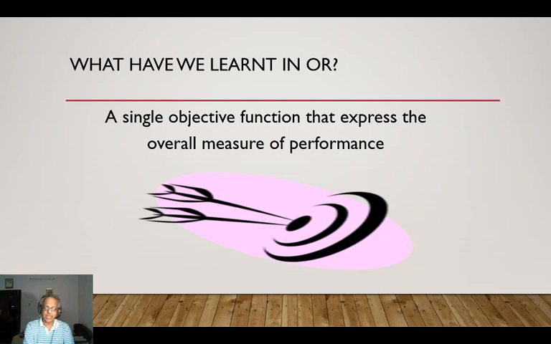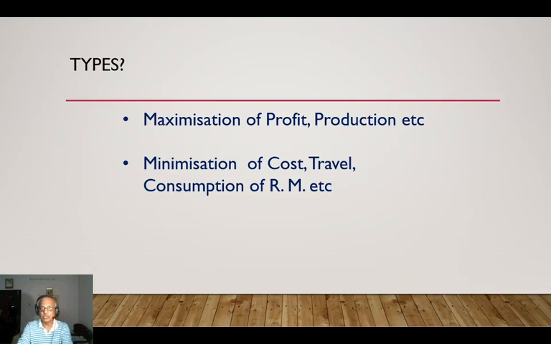Now, if you look back and find out what we actually did when we did the programming in operation research. In OR, when we did some programming, we had one single objective function that expressed everything, the overall measure of performance. Either you should maximize something or minimize something, so there are two types of problems.